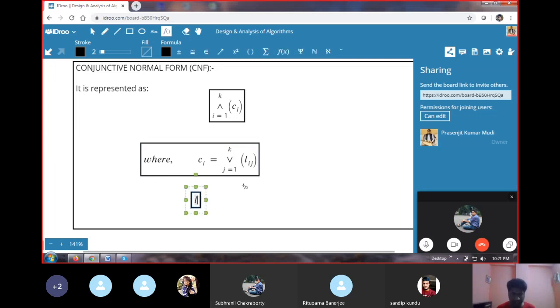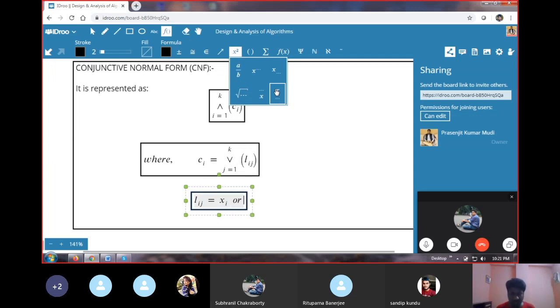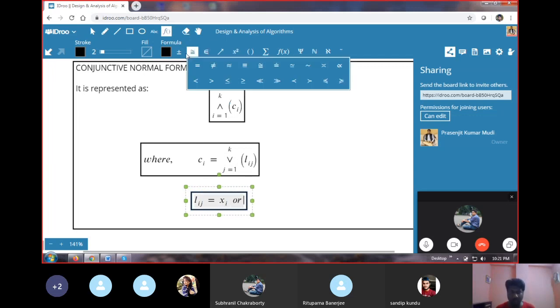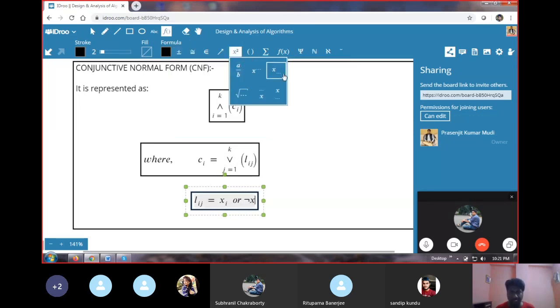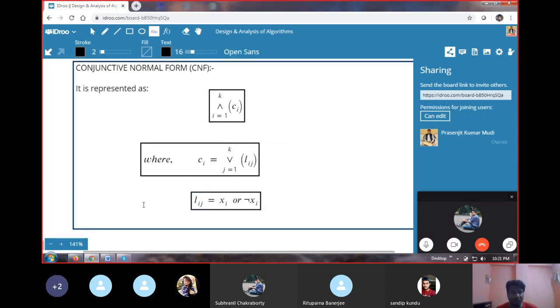And where Lij is xi or not xi. So this is the model, conjunctive normal form.